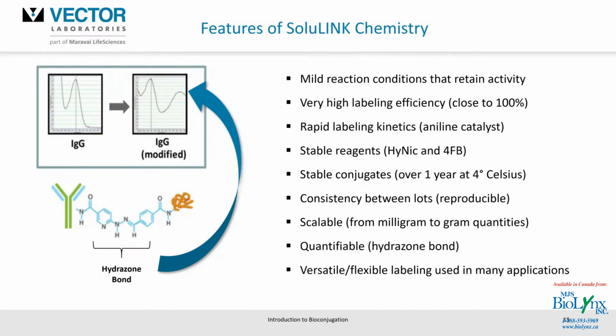Scalability, if you're going to amp it up instead of just very small microgram amounts, you want to go to milligrams or even gram quantities. Certainly that's an approach you can consider. And we did mention quantifiable, but also it's very versatile and flexible. It can be used in many applications.